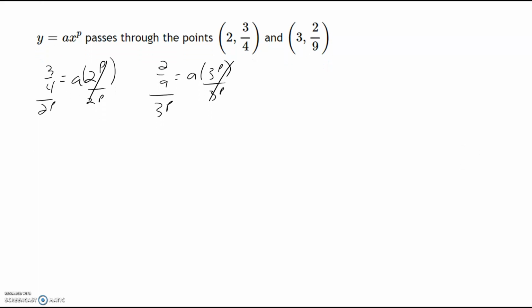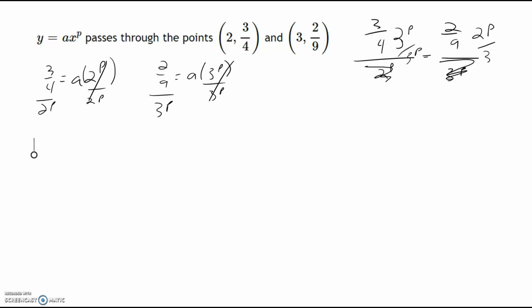So I got 3/4 over 2 to the p equals 2/9 over 3 to the p. Cross multiply. So my 3 to the p will be here, my 2 to the p will be here, and then divide both sides by 3 to the p.